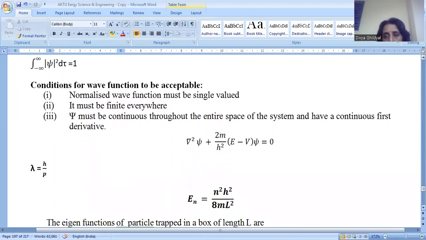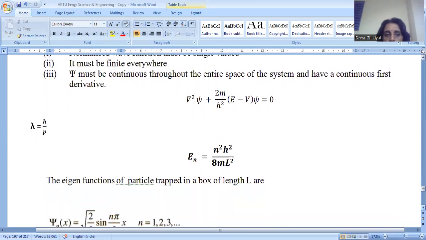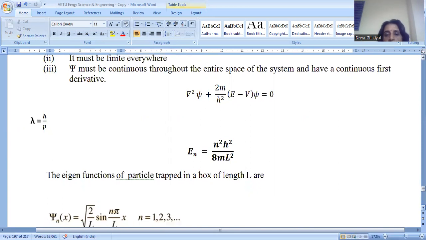My Schrodinger wave equation is del 2 phi plus 2m upon h bar square into E minus V phi equal to 0. De Broglie wavelength lambda is equal to h upon p, where h is Planck's constant and p is momentum.